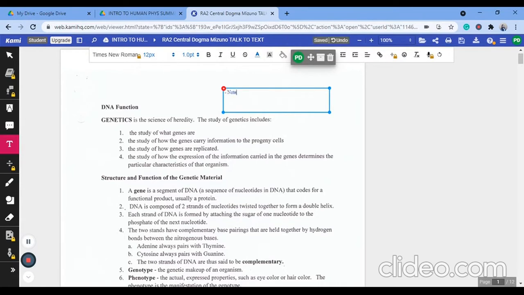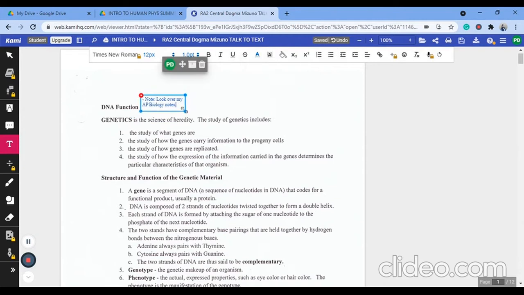So I'm going to put a tiny note in the upper right part that says to look over my AP biology notes, so I have the extra information that I already know from my past class. It's also a great way to remember all of the information I learned in that class and connect it to this human physiology class.